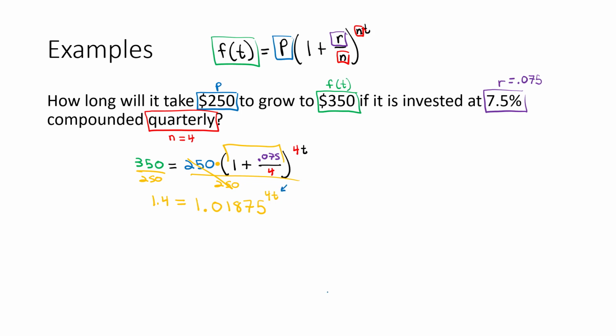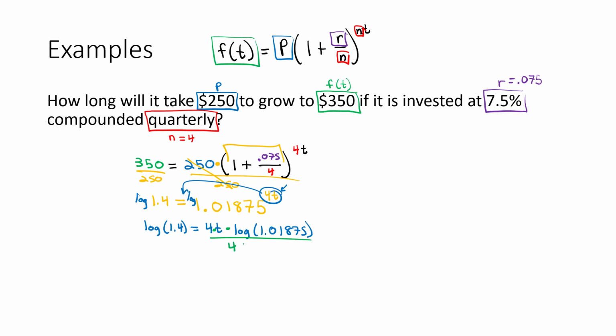We've got the variable in the exponent, so we know we have to take the log of both sides in order to solve. When we do, that exponent's going to move out front. So we have the log of 1.4 equals 4t times the log of 1.01875. We want to get the t alone, so we divide out what t is multiplied by.